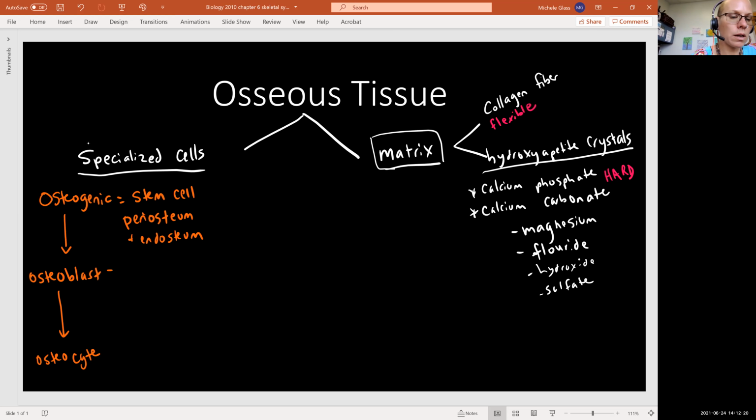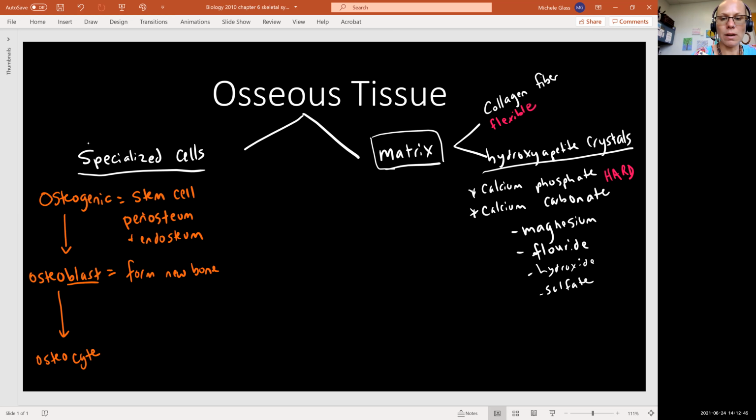So what is the osteoblast? This is the cell that's going to form new bone. Anytime we have that blast ending, we have a cell that's making something. We had fibroblasts when we talked about the integumentary system, which lay down collagen fibers. And here we see osteoblasts are forming new bone.